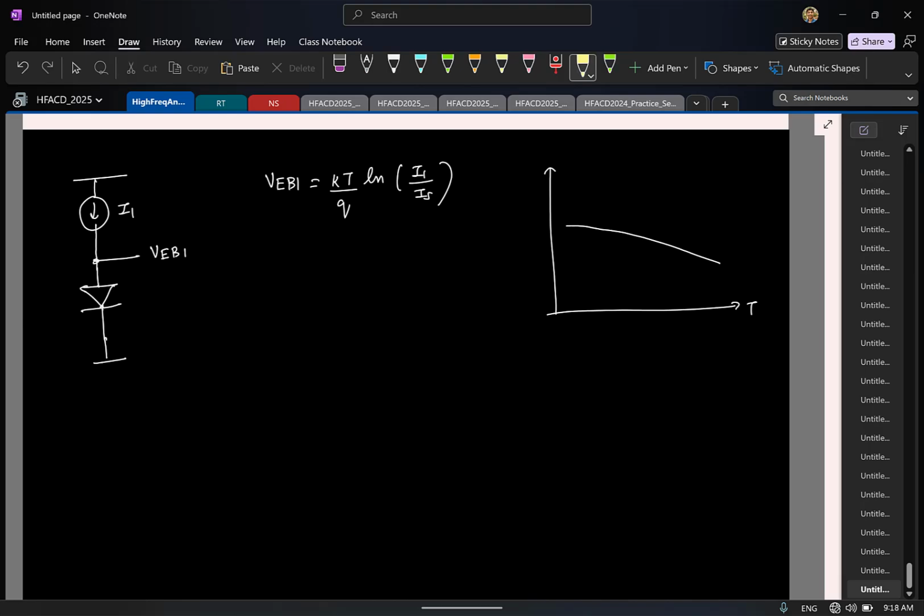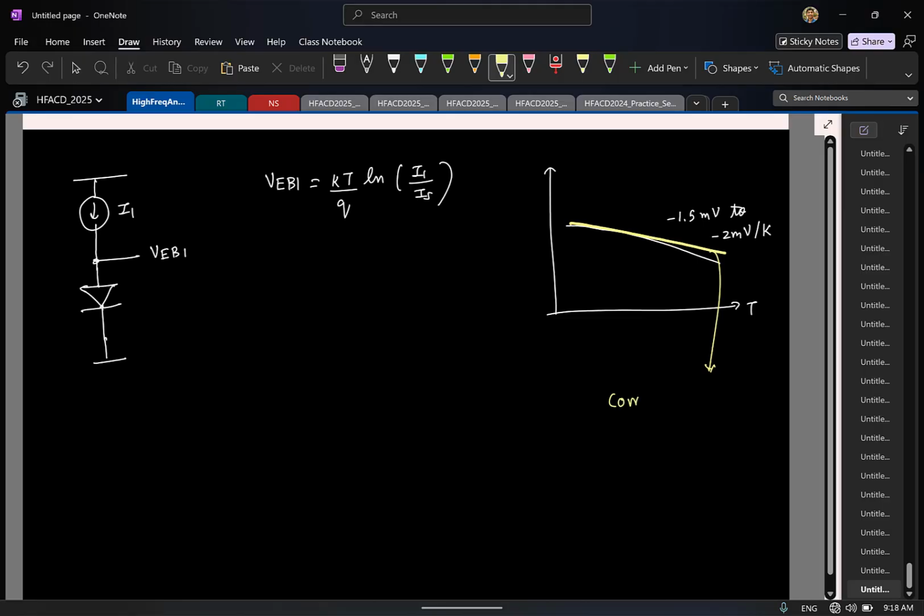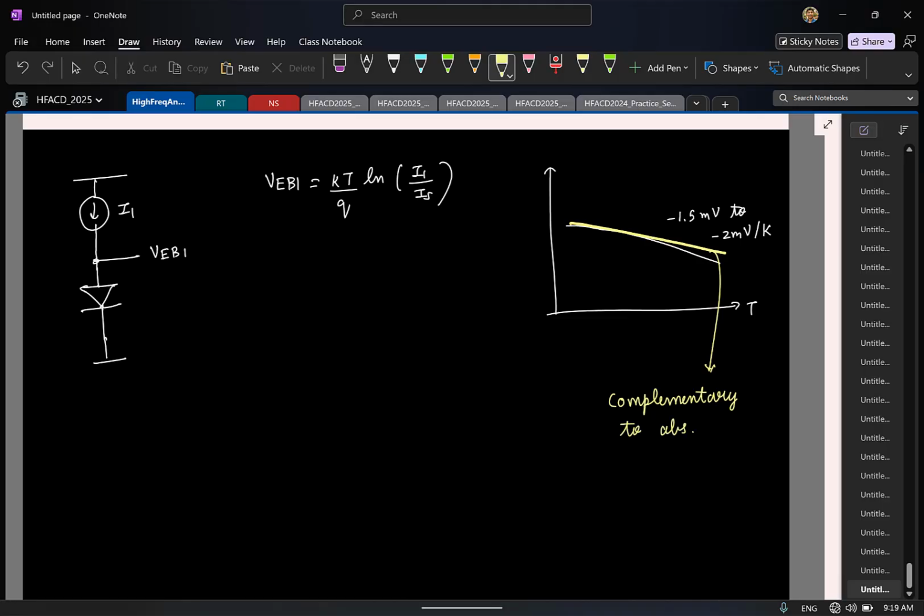If you approximate it as a linear curve, this slope is roughly about minus 1.5 millivolts to minus 2 millivolts per Kelvin. This kind of behavior is often referred to as complementary to absolute temperature, in short, CTAT.